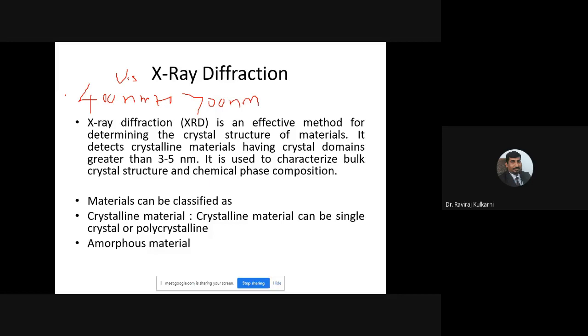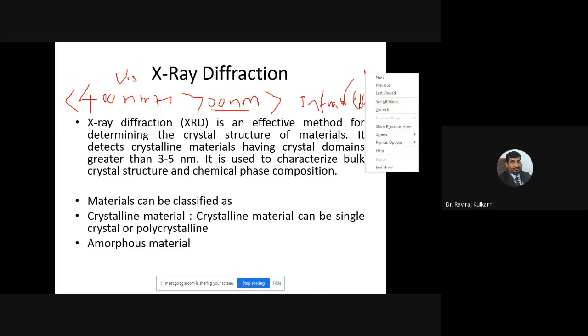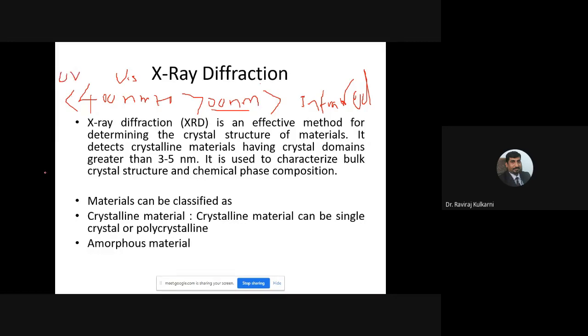Below 400 nanometers and above 700 nanometers: above red, we call it infrared. And below 400, below violet, what is that? Ultraviolet. Do you know this electromagnetic spectrum?